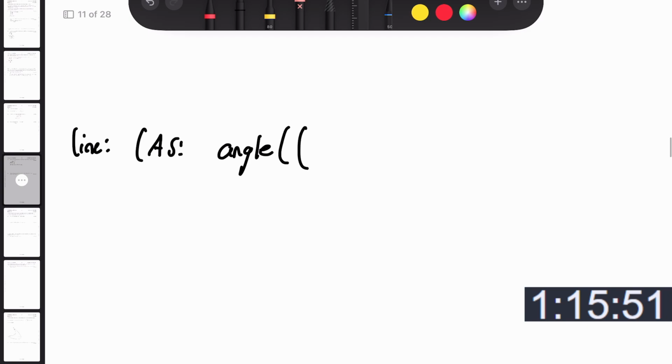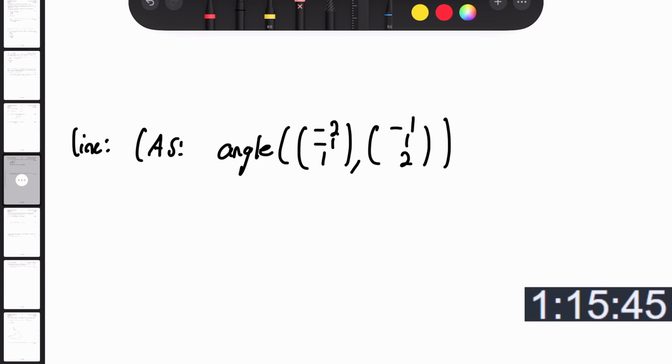Angle of (-2, -1, 1) and (-1, 1, 2) is equal to 60. Oh, it doesn't want me to do the dot product. Ah, damn it, man. Okay. Probably wants me to do it, doesn't it?